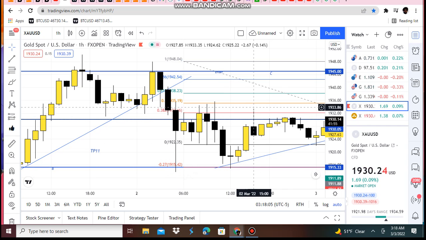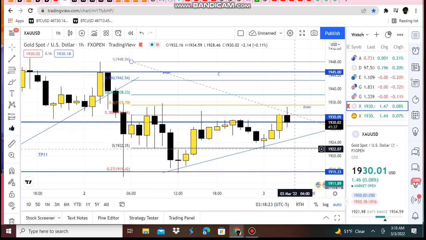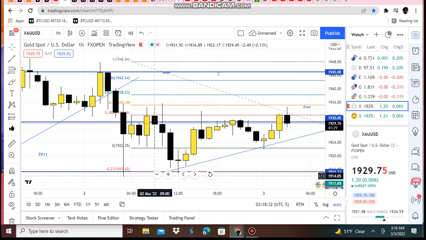Made a lower high to 1934 before eventually making a lower low back down to 1922, then eventually making a lower high back up to 1934 before making a lower low. We can see price making a lower low right back down to zero, and then eventually 1915, 27 extension, take profit 11. So overall we are in a downtrend.